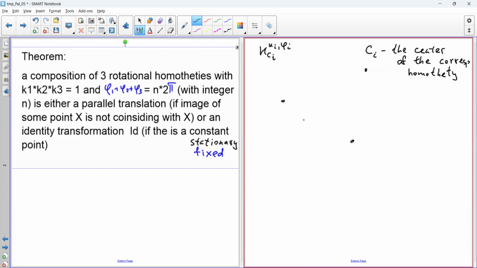Rotational homotheties are also referred to as homotheties, and for simplicity's sake, we denote this as just H sub I. So then we have something like C1, C2, C3 over there.